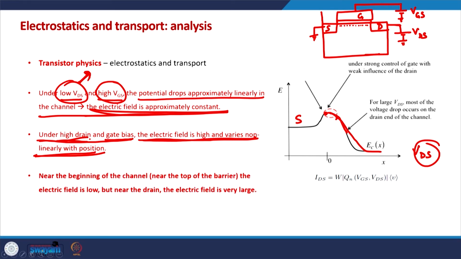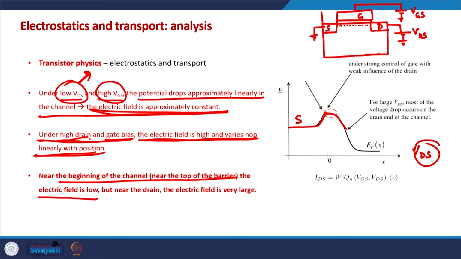And at the beginning of the channel, which is at the top of the barrier, the electric field is very low. As you can see, the voltage is directly related to the potential energy, and potential energy is directly related to the band edge.